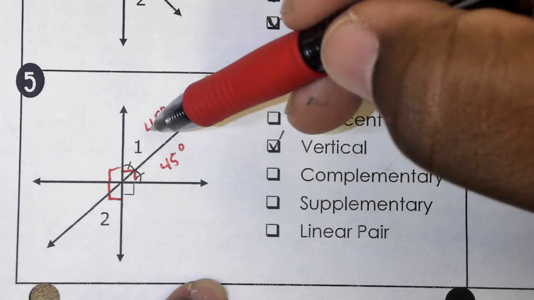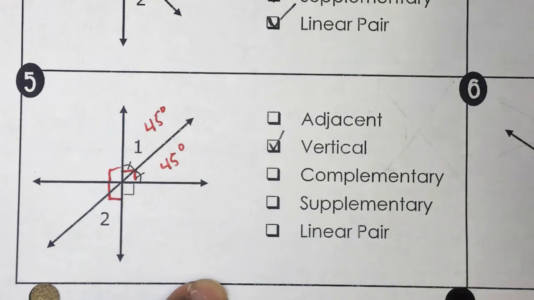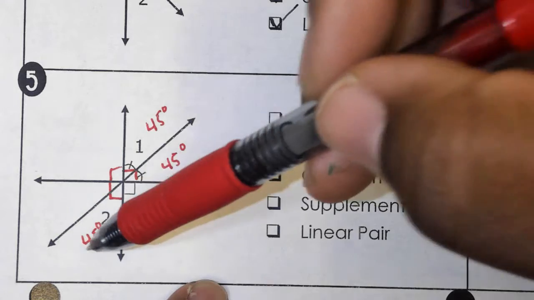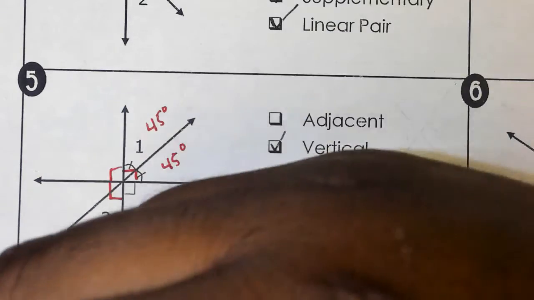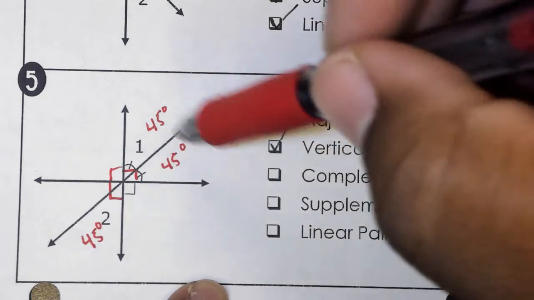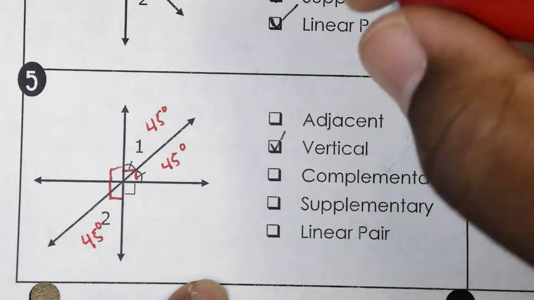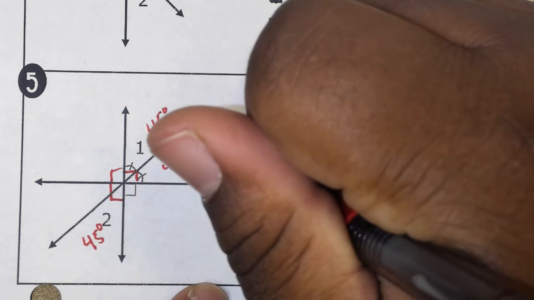If angle 1 is 45 degrees and angle 1 and angle 2 are vertical, what is angle 2? 45 degrees. If that's the case, angle 1 and 2 both add up to 90, so that makes them complementary. Even though they're not next to each other, they're across from each other, they still add up to 90 degrees. That makes those two angles complementary angles.